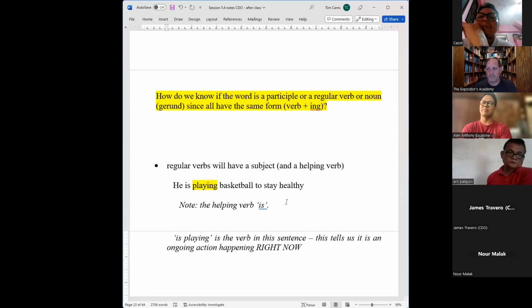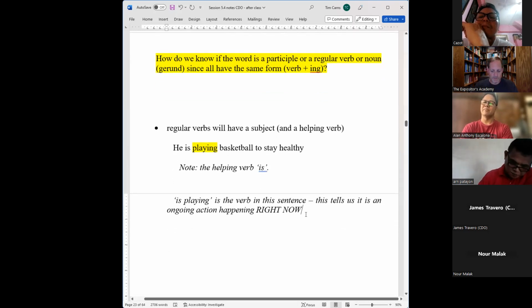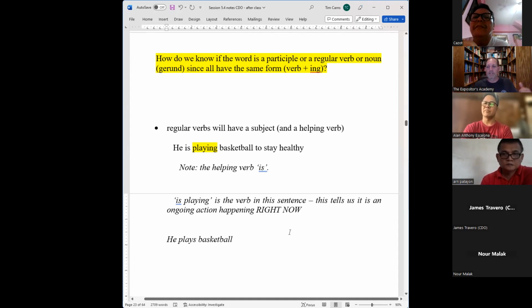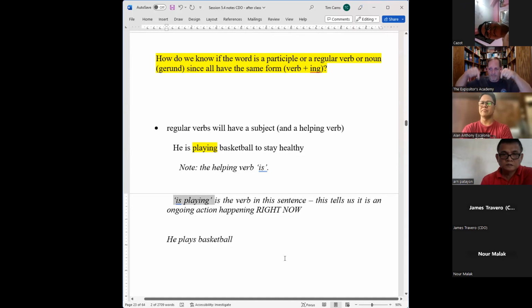Because you could say he plays basketball. Plays would be present tense, but that just could mean he's a basketball player, right? He plays basketball. It doesn't necessarily tell us what he's doing right now, but if you were to say he is playing basketball, that's telling us it's happening this very moment.